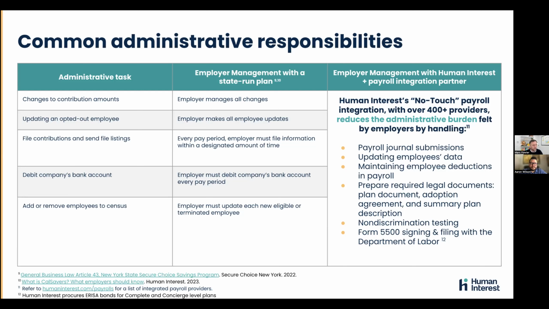Every payroll period, you have to file all the contributions and file listings, etc., with the plan. You also have to manage and debit appropriately the company's bank accounts. And then obviously anytime somebody joins your company, becomes eligible, or steps out of the organization, you have to make sure that all of that is reflected accurately with the state plan. And that is a surprising amount of work.